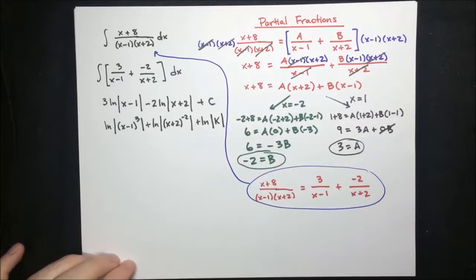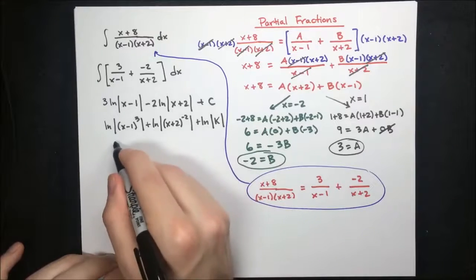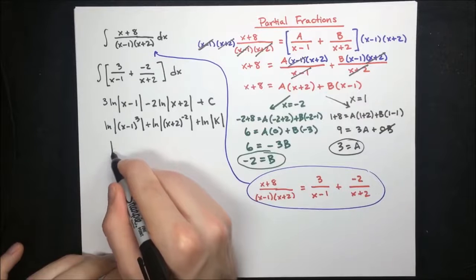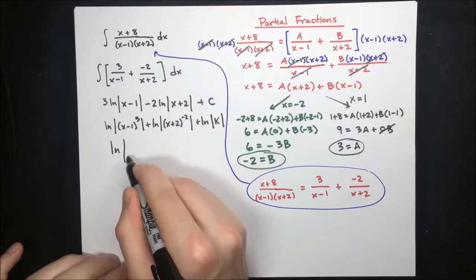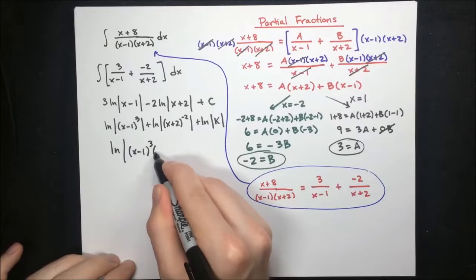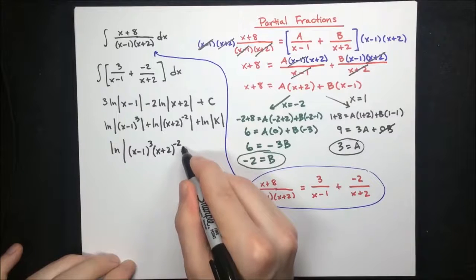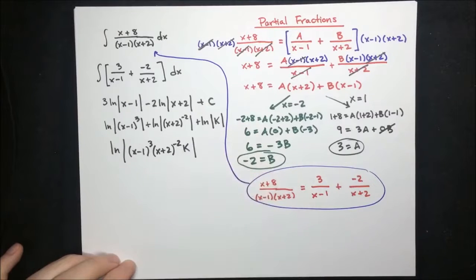The reason why we would want to do that in the first place is that whenever we add logs together, we can write that as a single log of all the inputs multiplied together. So in this case, a single log of all the inputs, x minus 1 cubed times x plus 2 to the negative 2 power times k. All of them multiplied together. And we can clean this up just a little bit more.